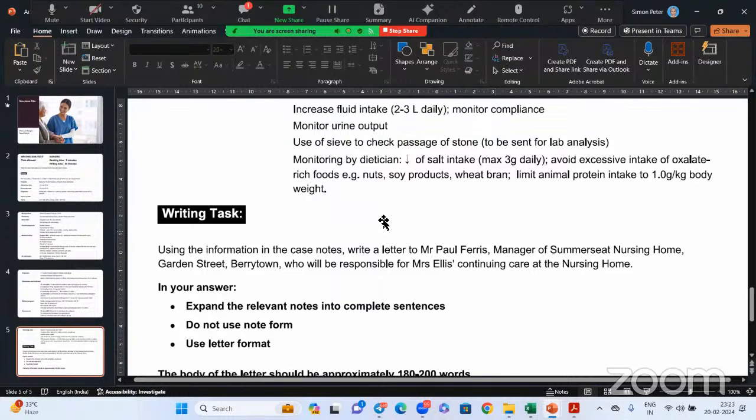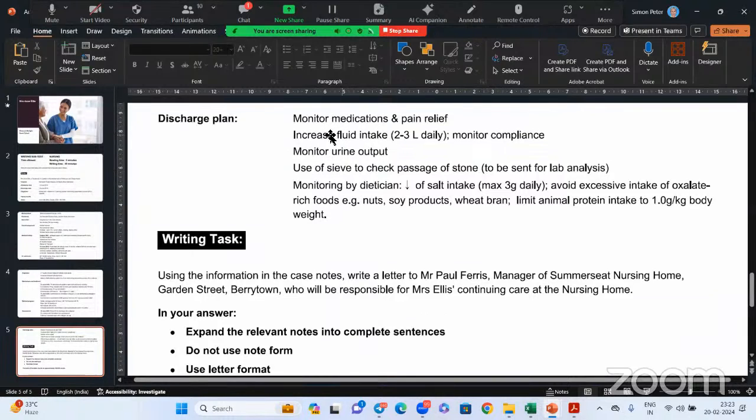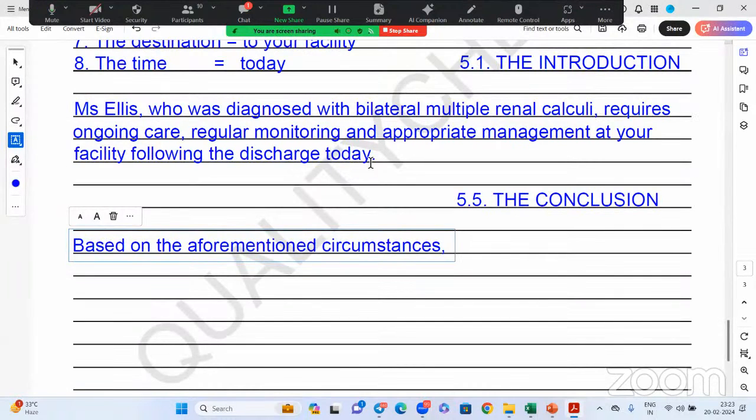Continuing care, regular monitoring. We can say regular supervision, ongoing monitoring. We can say your regular monitoring.